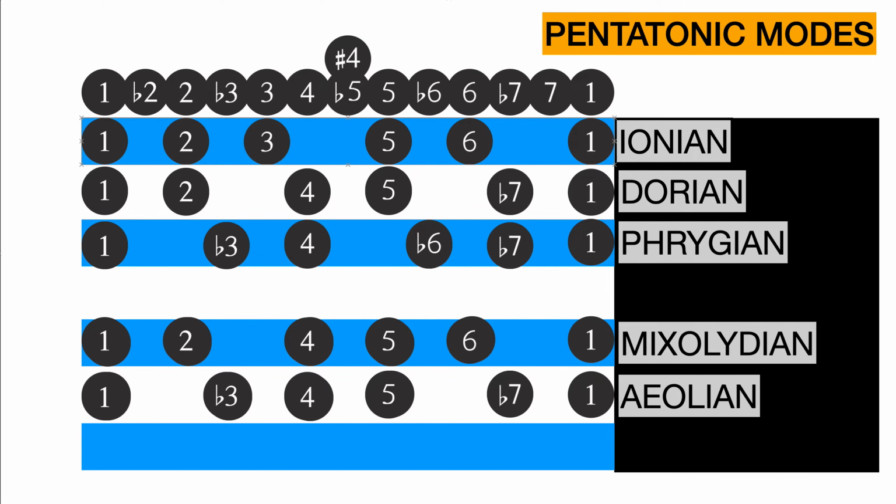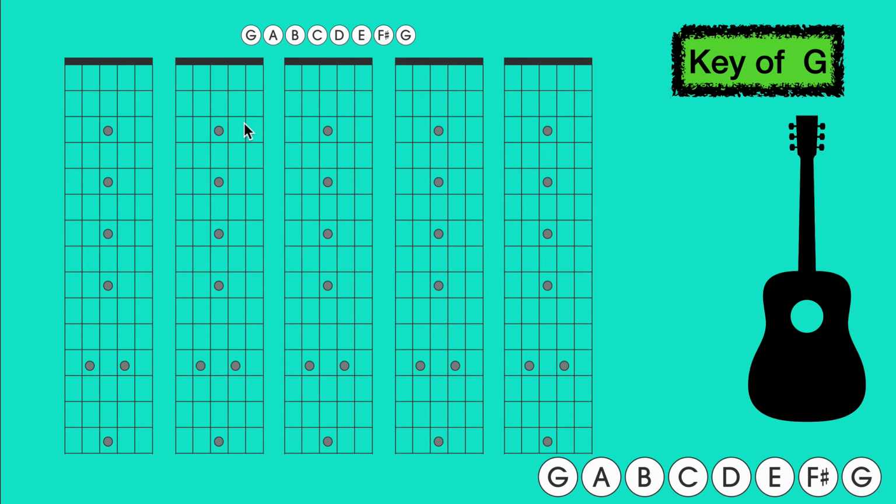So understanding pentatonics from the modal system is especially helpful for guitarists, and let me explain why. So in this, we have the key of G. Eliminating the 4 and the 7 is the same as eliminating C and F sharp in G. So I'm just going to get rid of these right now because we're not going to use them.